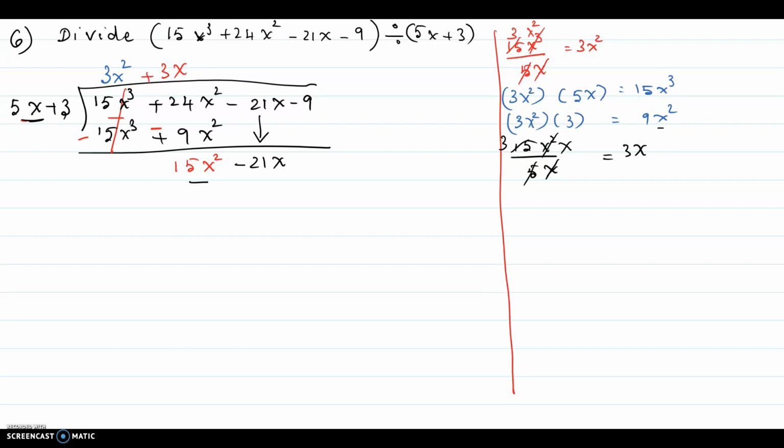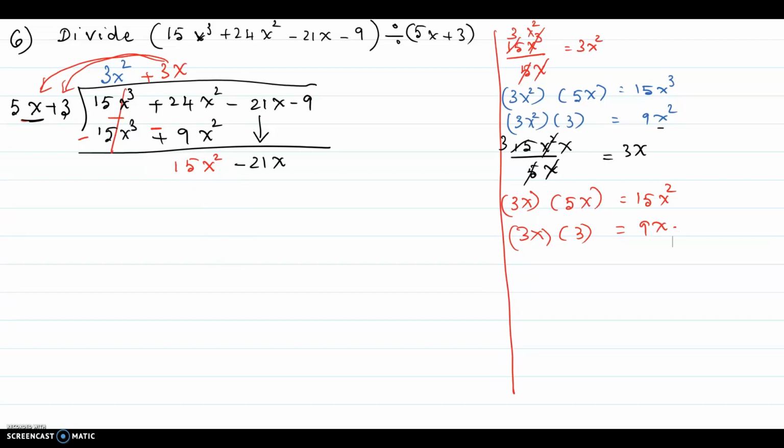Then you multiply this 3x with each one of the terms of the divisor. So 3x times 5x is 15x squared, then 3x times 3 is 9x.